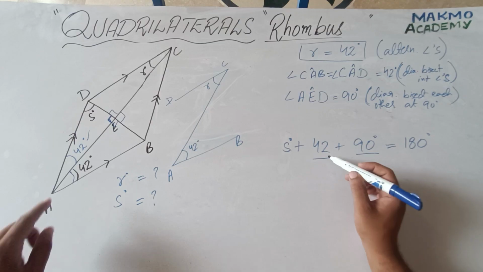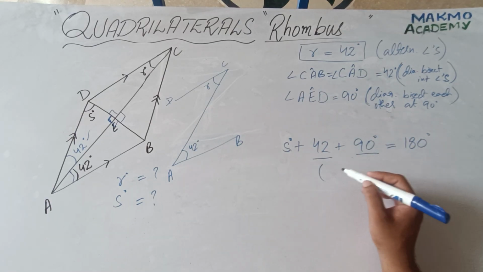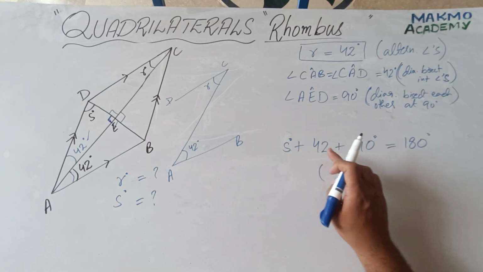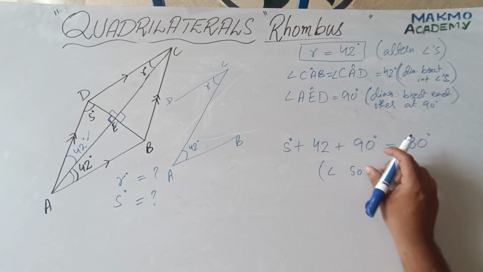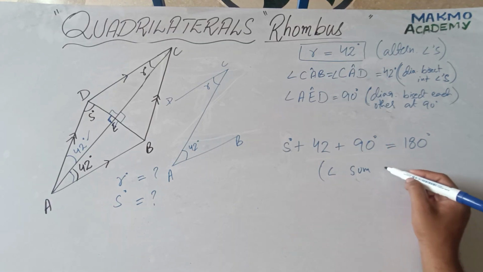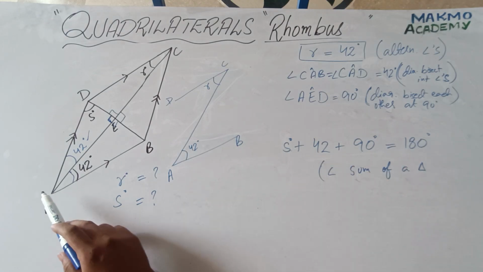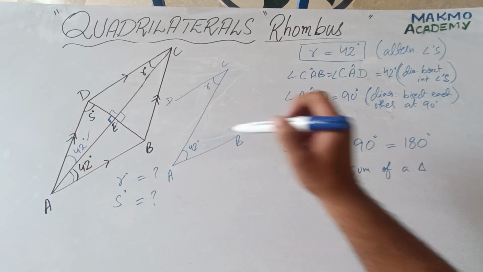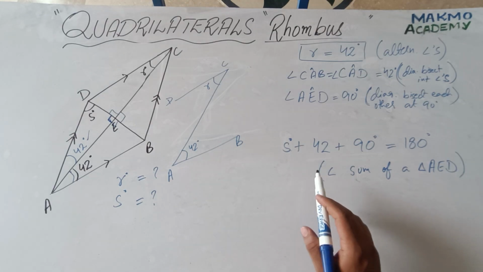This is the reason why I have mentioned that I am writing 42 over here. Now I will mention the reason for the angle sum of a triangle, and you can name the triangle AED. I am talking about triangle AED which is forming inside a rhombus.